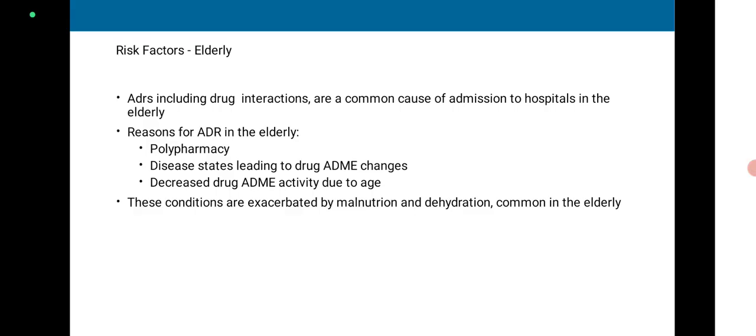So most elderly patients who are being admitted to a hospital or who seek hospital admission, the first cause which needs to be kept in mind is always drugs. And other than polypharmacy, ADME changes or disease states, we need to also consider conditions such as malnutrition or dehydration, which can exacerbate the occurrence of an ADR.